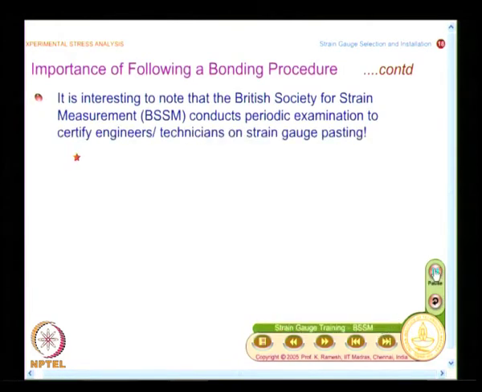And this is very important to note that the British Society for Strain Measurement conducts periodic examinations to certify engineers or technicians on strain gauge pasting. Unless the process is very important, you would not find a professional society conducting examinations of this nature.